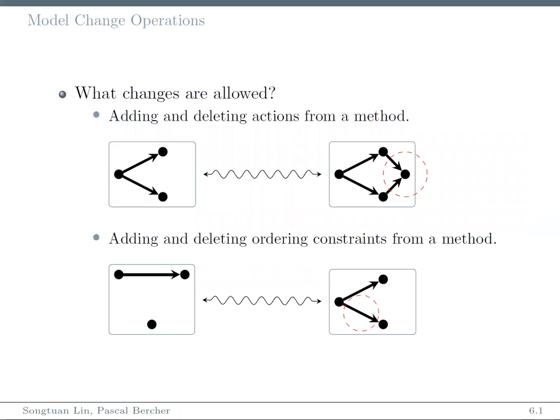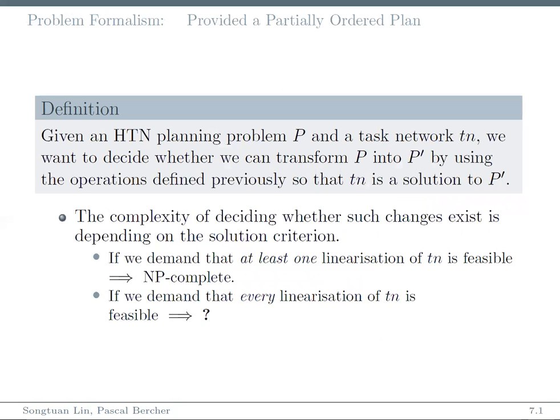For the purpose of changing planning models, we first define some model change operations which change the methods in a model, namely adding and deleting primitive tasks and adding and deleting ordering constraints.